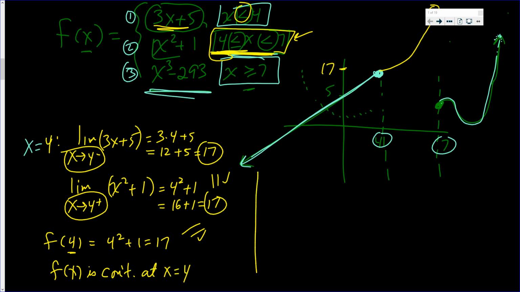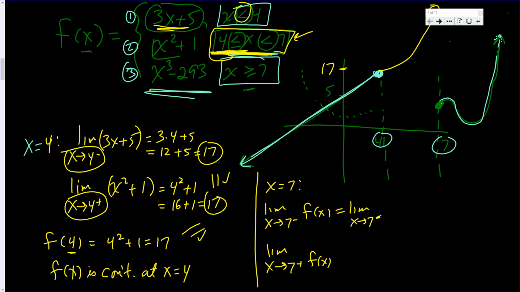Now, what about at x equals 7? What is the limit as x goes to 7 from the left of f of x? And what is the limit as x goes to 7 from above 7? So let's find out what the function is.